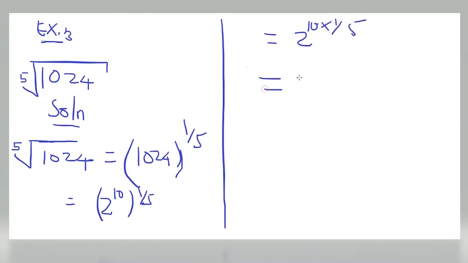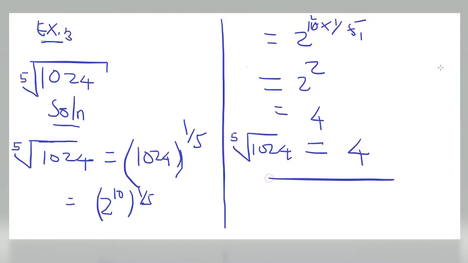Then 10 divided by 5 is 2. Therefore 2 power 2. Then the answer will be equal to 4. Then finally, we can say the fifth root of 1024 is equal to 4. That is the answer.